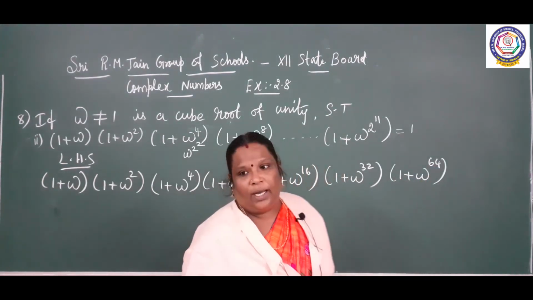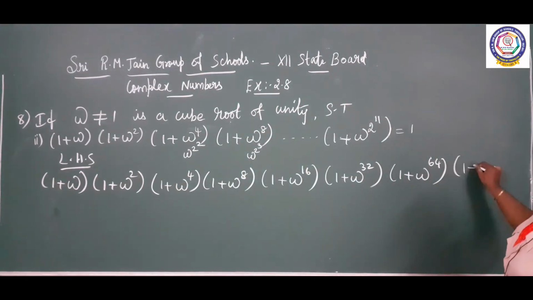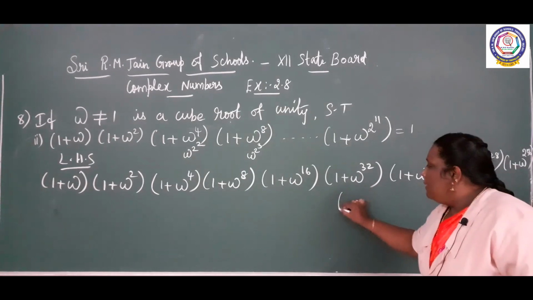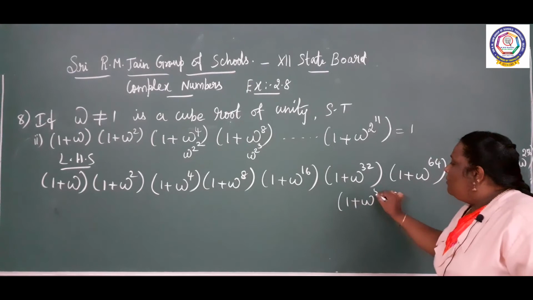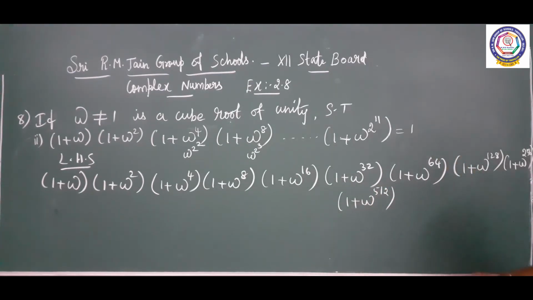What is the next one? 1 plus omega power 128. Next 1 plus omega power 256. Next, what is the next one? 1 plus omega power 512.